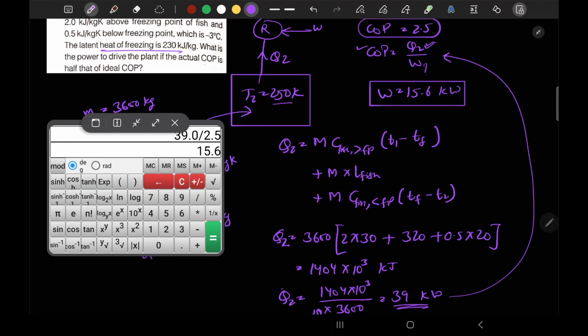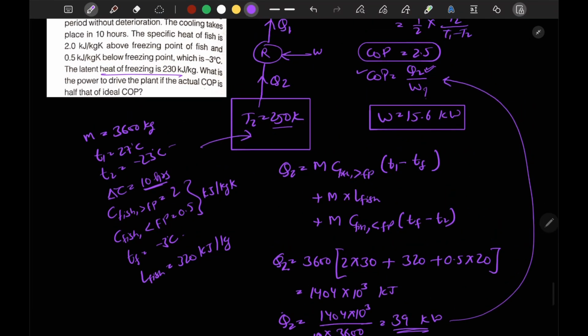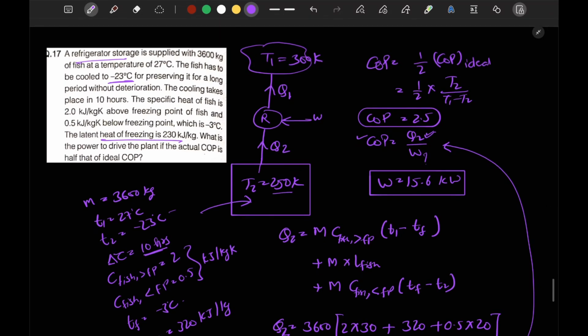So we have been asked what is the power to drive the plant if the actual COP is half. We have calculated this amount of work input required.